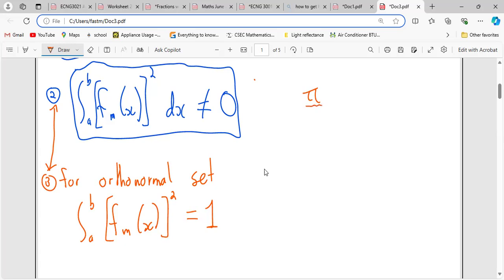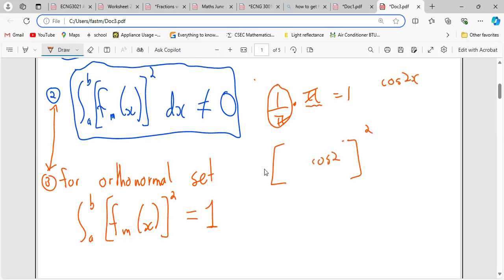Obviously your brain will tell you that if I multiply by 1 on pi, the pi's will cancel and you end up with 1. You are very correct, but 1 on pi is not the answer. Why? Because you have these square brackets here and you're squaring it. Remember that I asked what factor you need to multiply each individual function by. All right, so let's say you had cos 2x and you had cos 2x here.